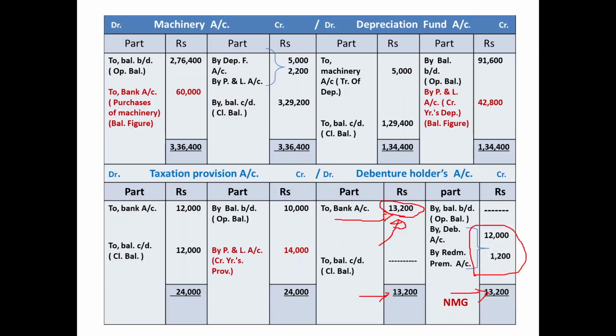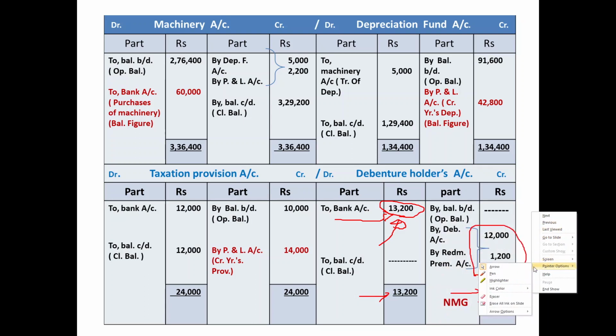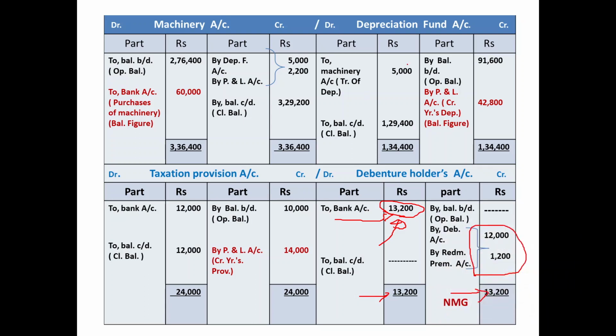Let us give the posting impact of this journal entry. Have a look at this slide. Machinery account and depreciation fund account. See, depreciation fund account debited rupees 5,000. Profit and loss account debited 2,200.